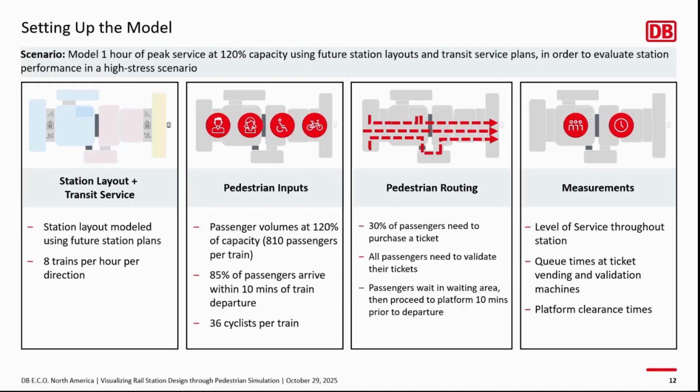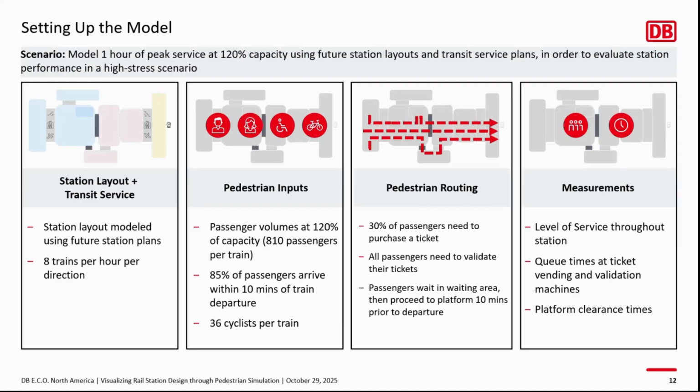So in sum, 85% of passengers would arrive within 10 minutes of their train's departure, but there's a little more granularity to that in the model. And then we also modeled 36 cyclists per train, which is a very high number, and that corresponds to 50% of the total cyclist capacity in the train. But again, this is just part of the stress testing.